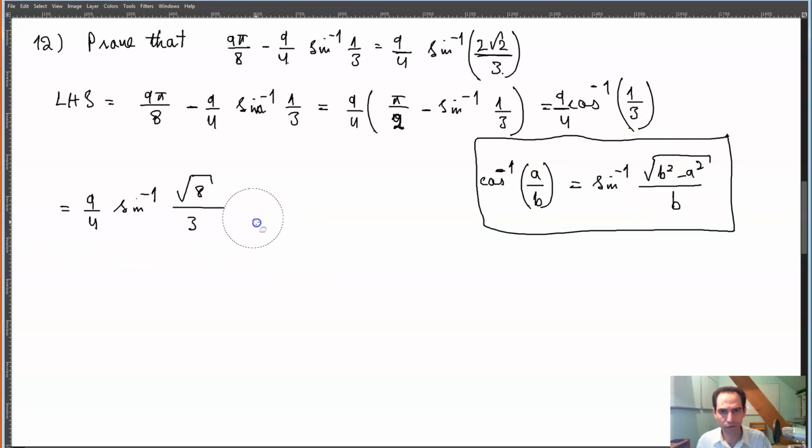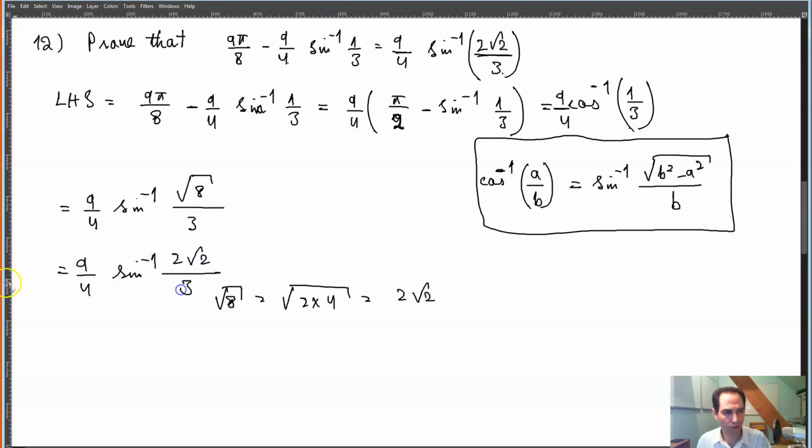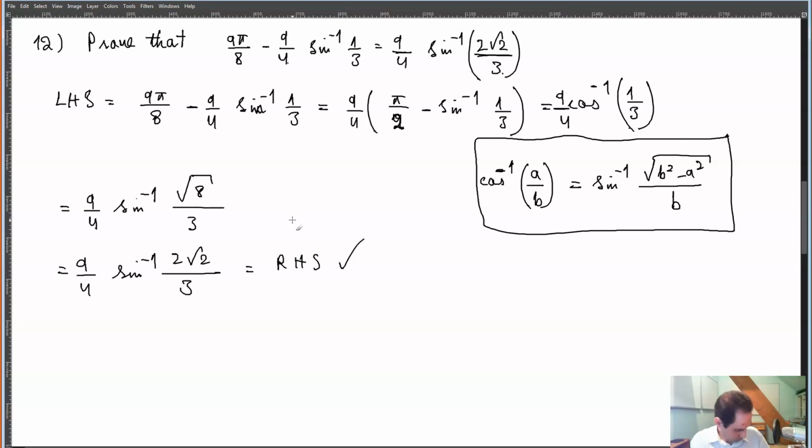Of course, the square root of 8 is equal to the square root of 2 times 4, and so that is 2 square root of 2. So you can write this as 9/4 the sine inverse of 2 square root of 2/3, and so that is equal to your RHS, and therefore the identity has been proved. So I'm going to add this to the formulas that we had before. I'm going to write this down here.